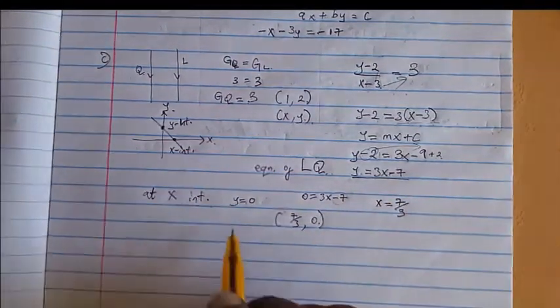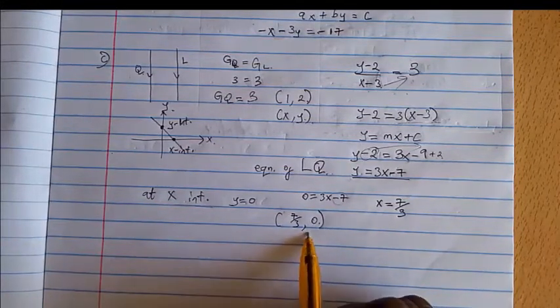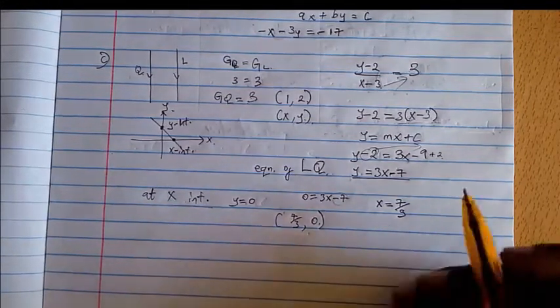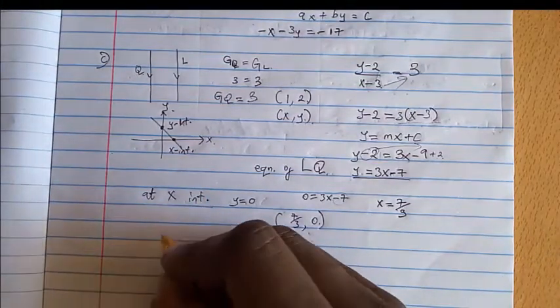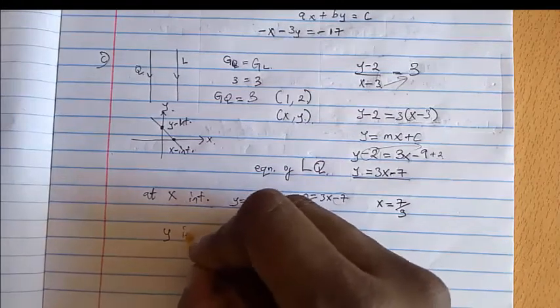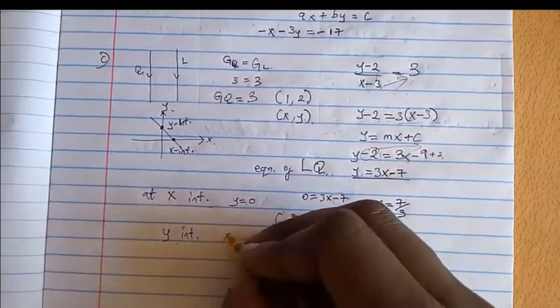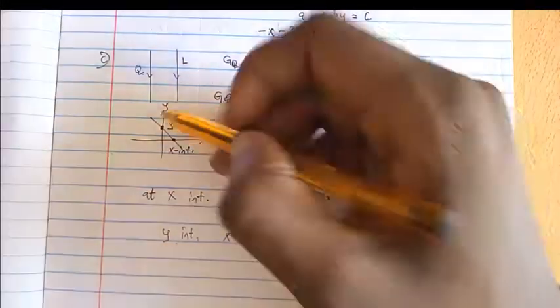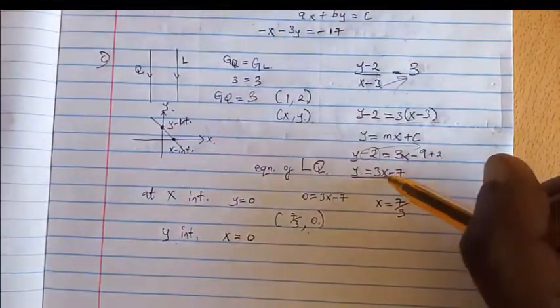Again, we go through the coordinates of the y-intercept. So at y-intercept, x is equal to 0. At this point, the coordinate of x will be 0. So I replace x with 0 here, and I'll have what? I'll have y is equal to 3 times 0 minus 7.